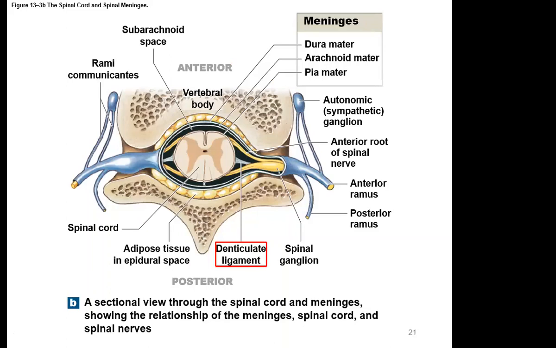Just as I said, in jumping jacks, we don't want the cord going up and down. That filum terminale will help stabilize it in a superior-inferior direction, but these denticulate ligaments that are bilateral will help stabilize it in medial-lateral. So it's held very tightly in place so that it does not bang up against that bone. Okay.